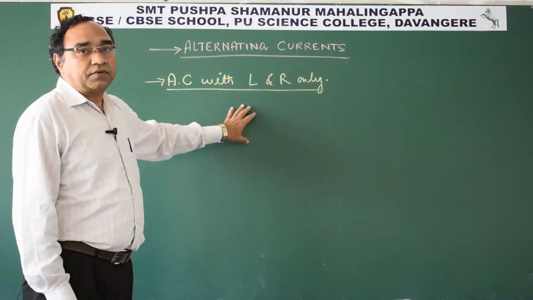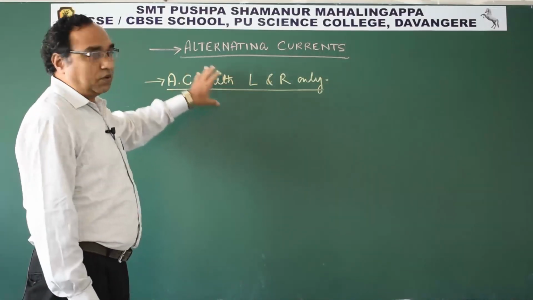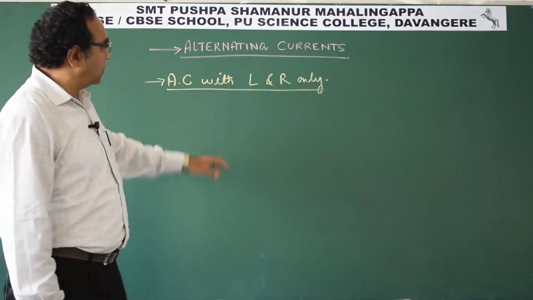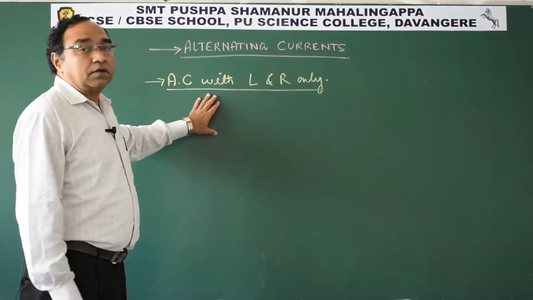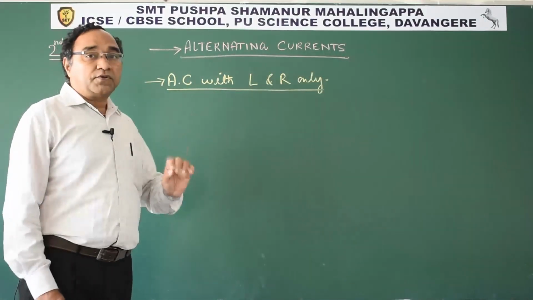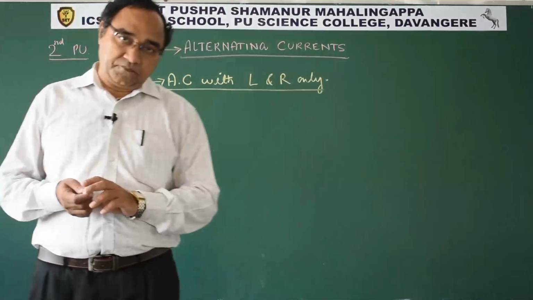In today's session, we are going to discuss once again the next topic in the chapter of alternating currents. The topic that we are going to take is combination of the components.